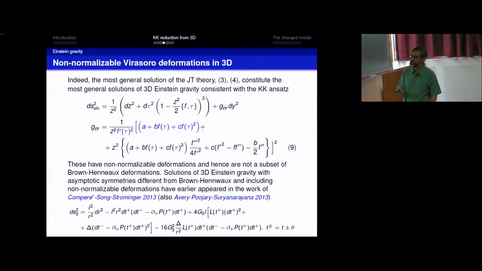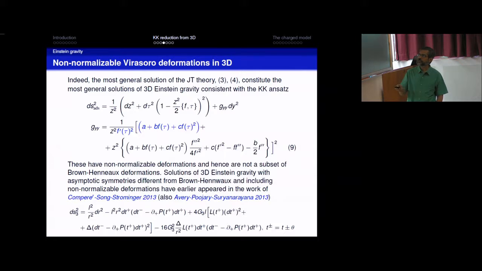The Virasoro part is normalizable, and it's a subset of Brown-Henneaux transformations. But the U1, as you can see, has both a non-normalizable part and a normalizable part which depends on the non-normalizable part, pretty much like here.